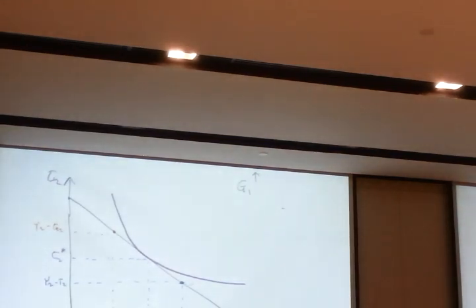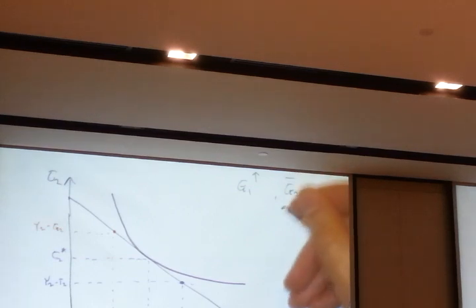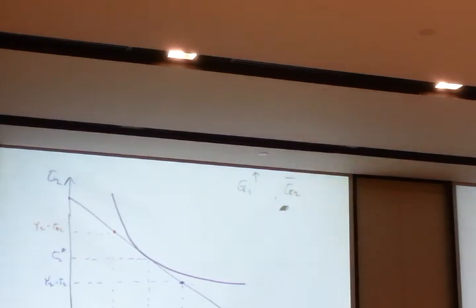Everything else is held equal. Well, at least everything that we can hold equal. To be precise, that means G2 doesn't change. So we build a road, but it's not that we slash spending on roads in the future.